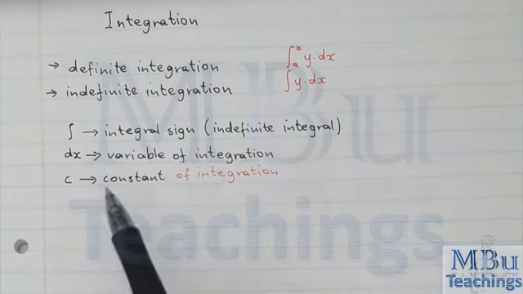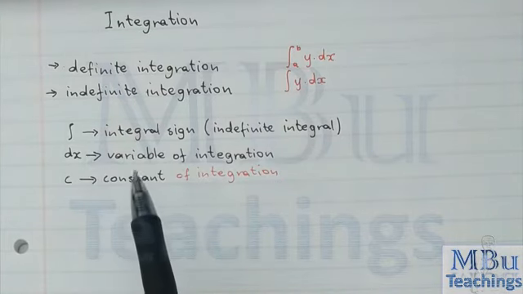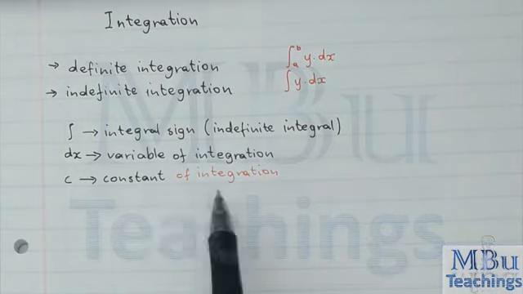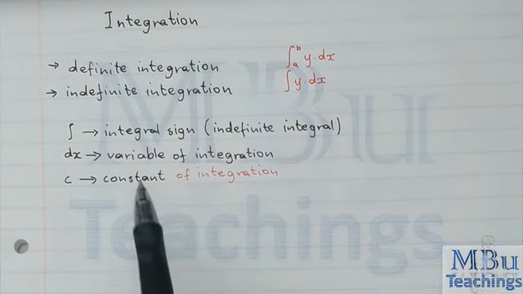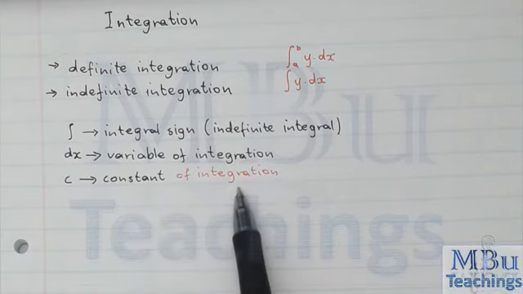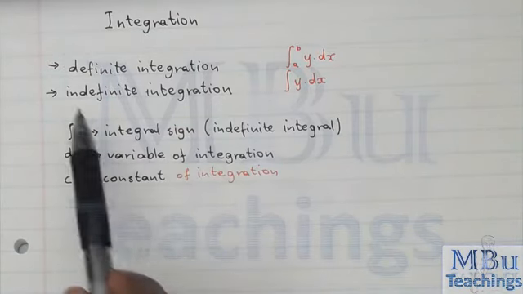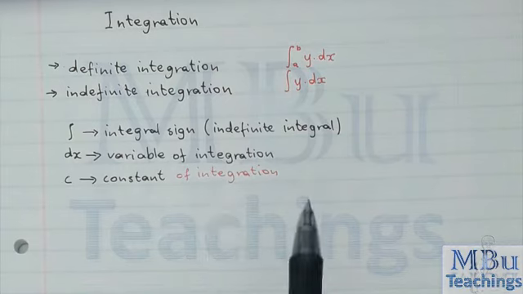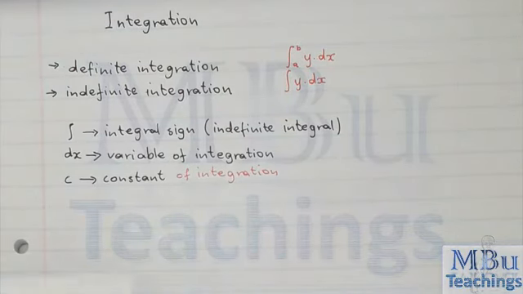That is why we are saying it is indefinite. It's not definite. We are not getting the exact answer for it. So it stands as a constant of integration for indefinite integration. I think we are done with the symbols and terminology.